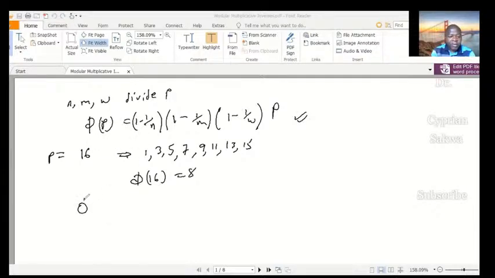Therefore, the Euler phi of 16 would be 1 minus a half, multiplied by 16, which is a half multiplied by 16, which is 8. So this is how I get it if p is not prime.